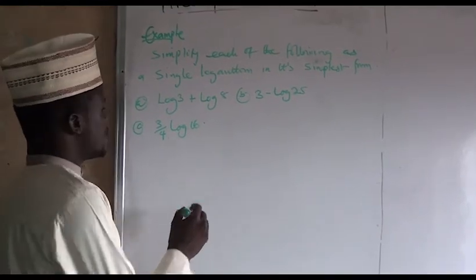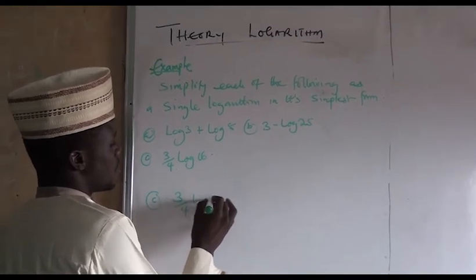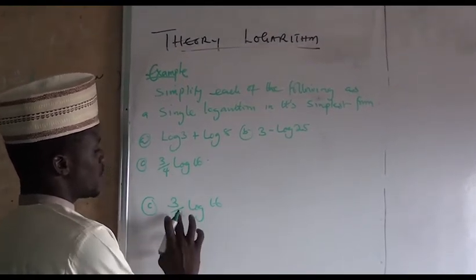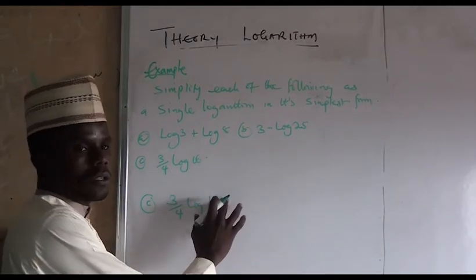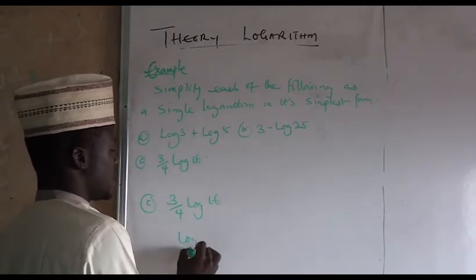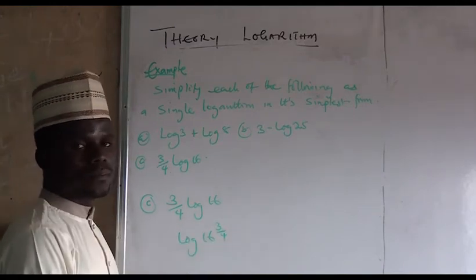We now look at the C, which is 3 over 4 log 16. So this is a power. Then we take the power to the front of the log. That is, here we can say log 16 to the power of 3 over 4.